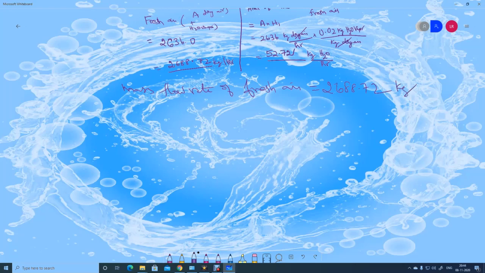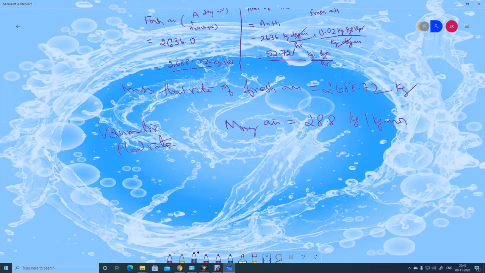So how to find the volumetric flow rate from mass flow rate? If you know the density. Otherwise simply we can convert, since we know the average molecular weight. The average molecular weight of air is equal to 28.8 kg per kg mole. So this is where we are using the concept which we have learnt in module 1.